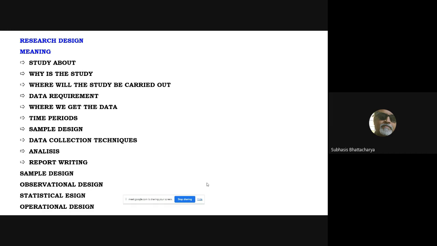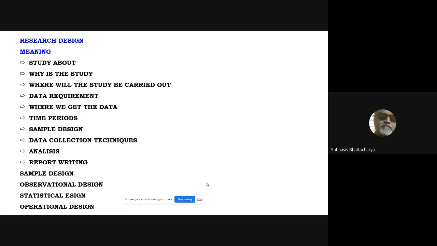That is, what is the sampling design? If you are working with secondary data, there is no such thing. But if you are dealing with, for example, NFHS data, what will you do? You will extract the NFHS data, and if you deal with NSS data, that is National Sample Survey data, NSSO, you will extract the NSSO data in Stata, and after extracting, you can choose a sample from that data.